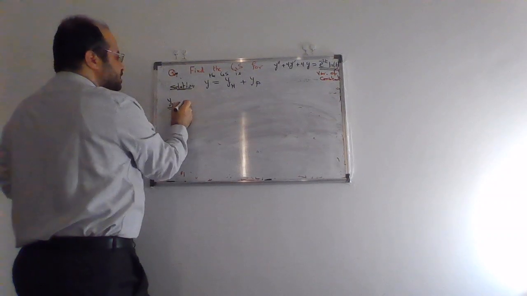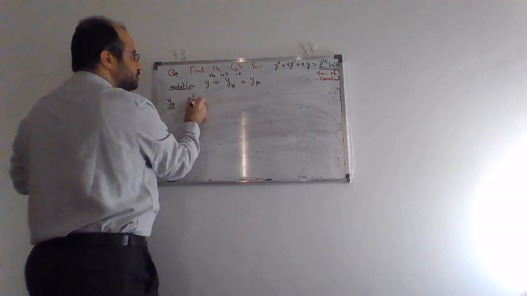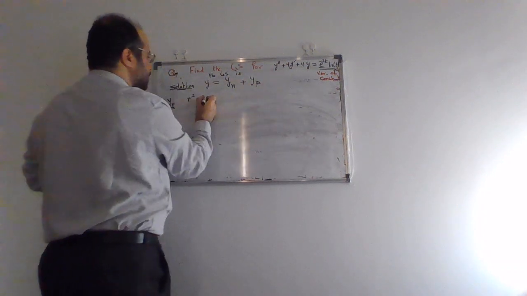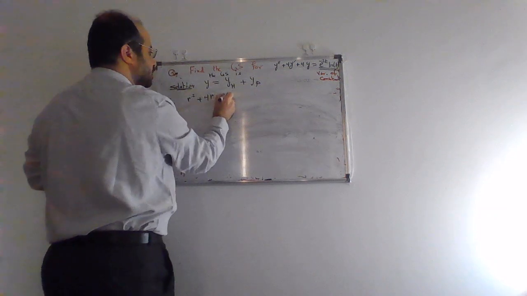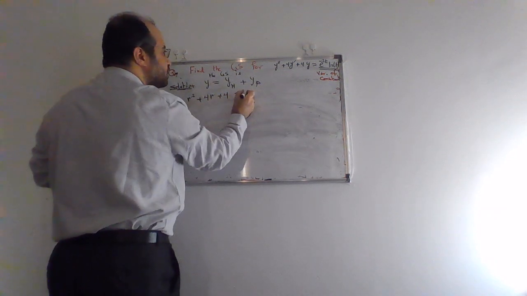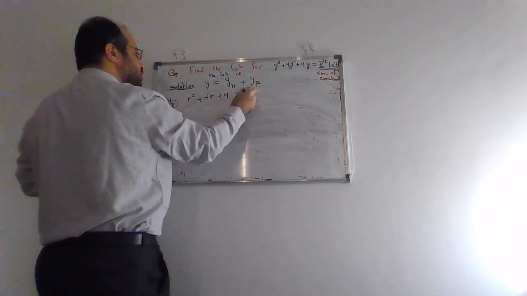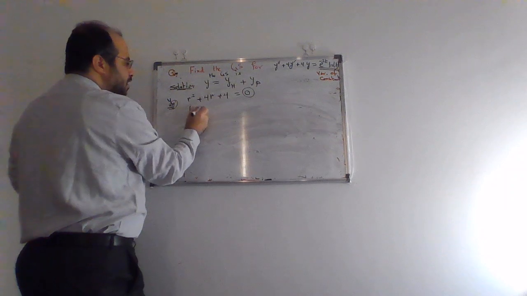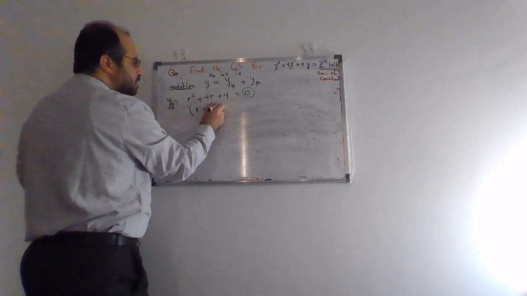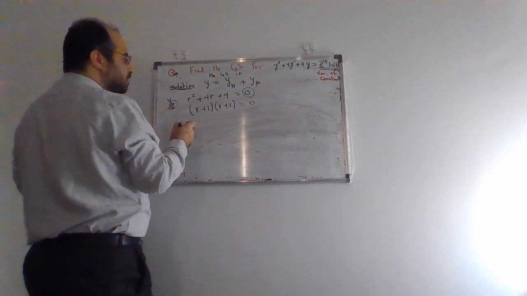Y homogeneous is, so you change to r squared, you change to 4r, you change to 4 times 1 equal to 0. Because you are going with homogeneous, then you need to go with 0, right? Then when you solve this, you get r plus 2 times r plus 2 equals 0. I don't mind if you go with your calculator.